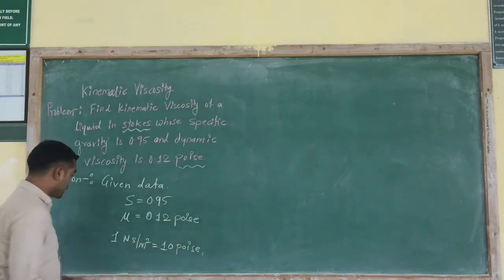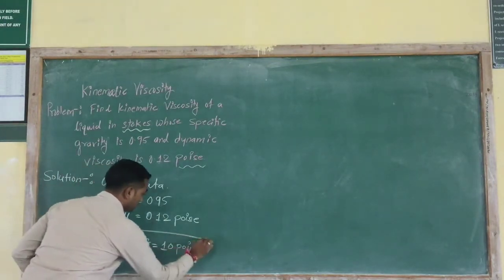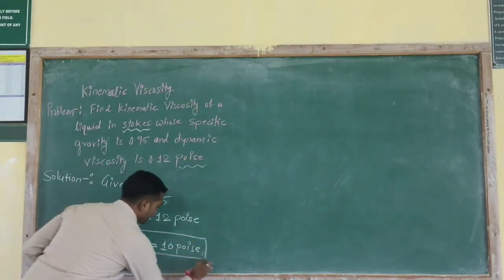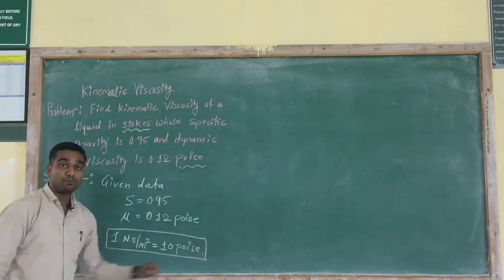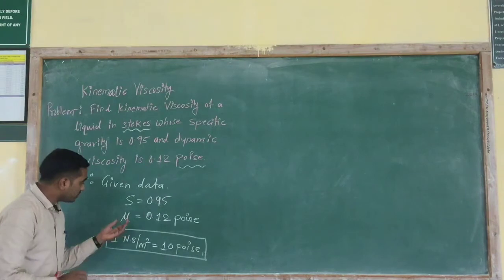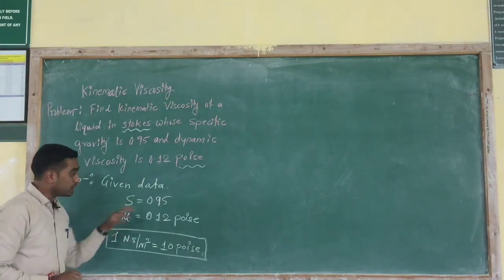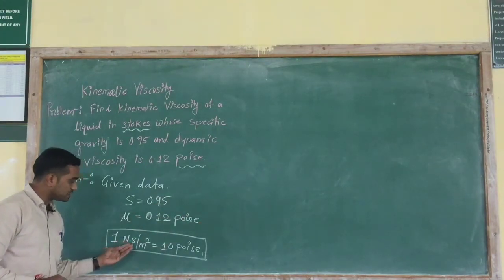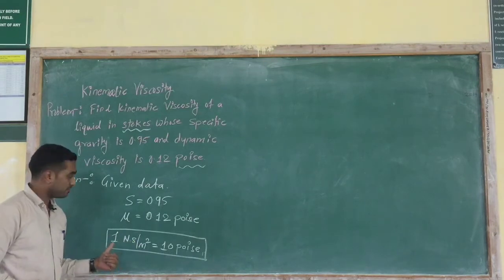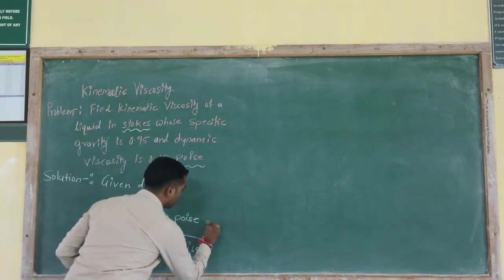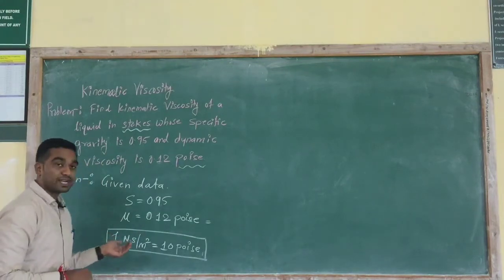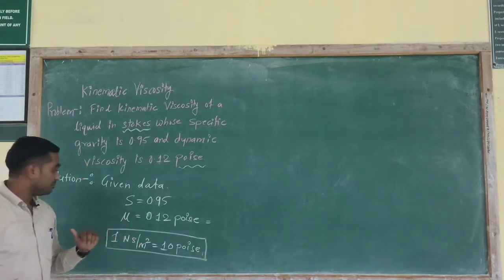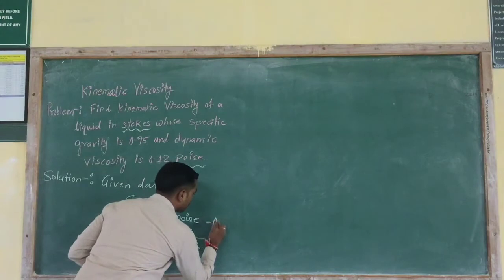You have to remember this conversion. Means we have to convert this dynamic viscosity into Newton second per meter square, so we have to divide by 10.